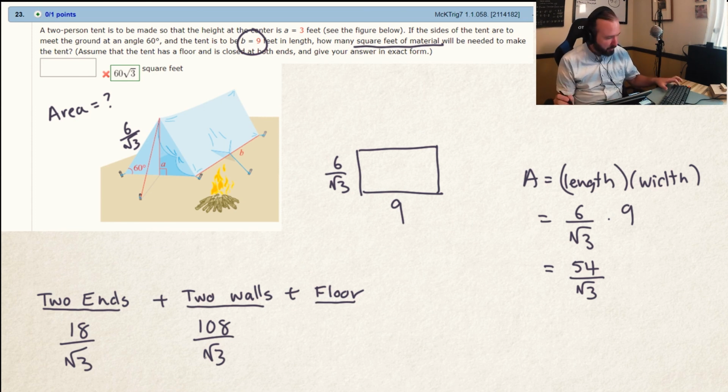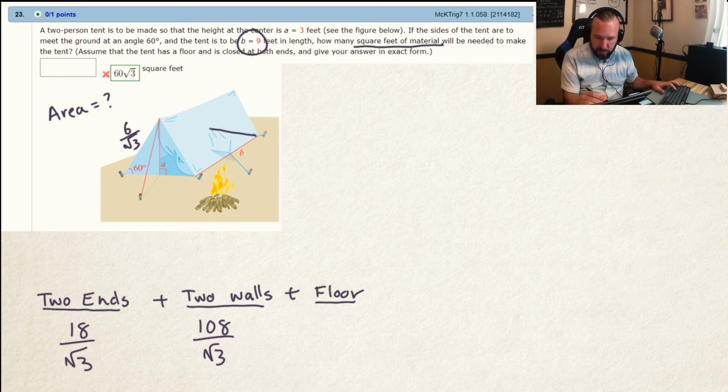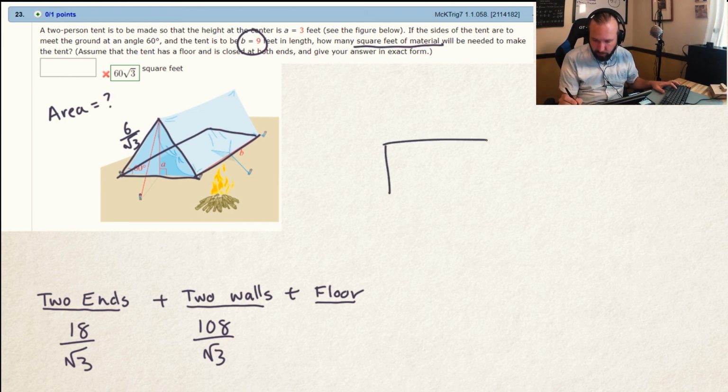Now, what about the floor? So the floor is down here. So remember, this triangle, all the sides of that triangle are all the same. So this floor looks like this. Oh, it's actually the same. The floor is the same as the walls. So this is going to be 6 over the square root of 3 right there.